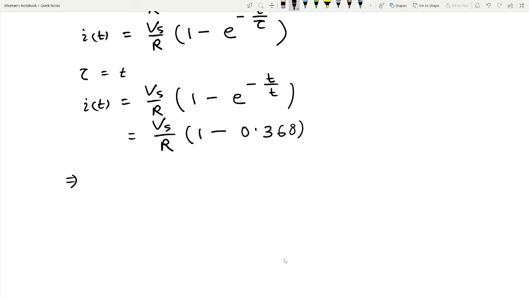Then it can be written as i(t) equal to 0.632 Vs by R.